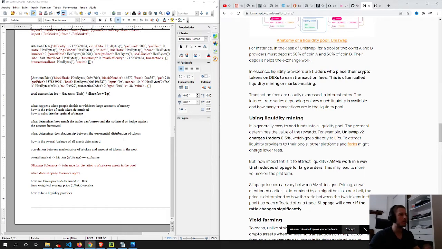So maybe another good question is, how is the distribution? Yeah, but I think I'm gonna answer that once I search for how to be a liquidity provider. My guess is that you have to deposit based on the overall amount that exists, but then let's say I want to only deposit USDT in a pool that has USDT and Ethereum. If it has 50% Ethereum, 50% USDT, can I do that?